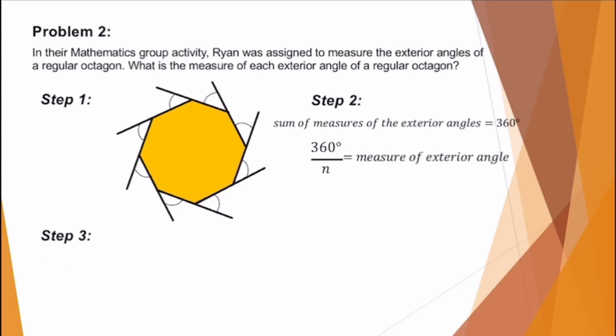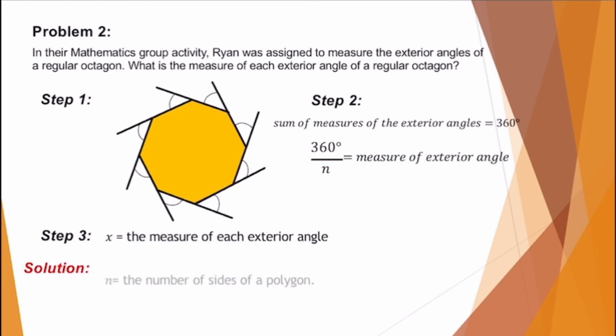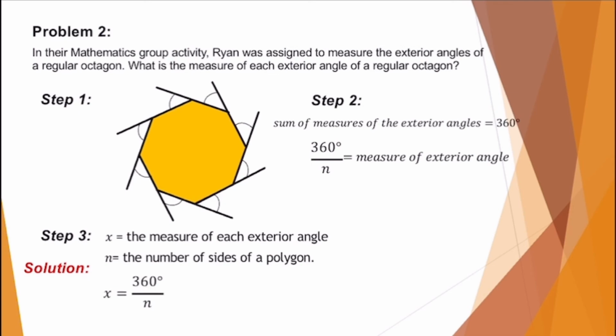Next, for our step 3, for our solution, let x be the measure of each exterior angle and n be the number of sides of a polygon. So let's apply the formula of the measure of exterior angles, which is x equals 360 degrees divided by n.